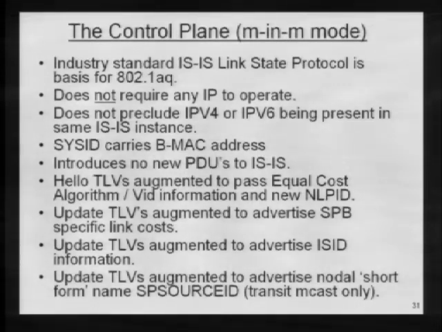If you are running V4 or V6 or something else in parallel, they can have different link costs. And again, you can even have several different instances of SPB by virtue of the multi-topology extensions.